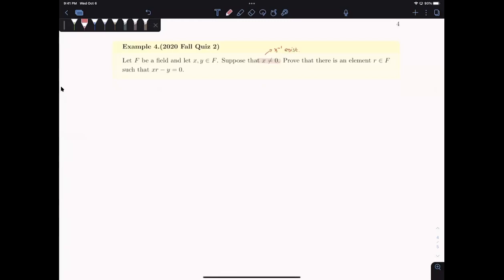And you definitely need to use it, right? So that's a trick. You see this? Well, we have this. Prove that there is an element R in F such that XR minus Y equals 0.